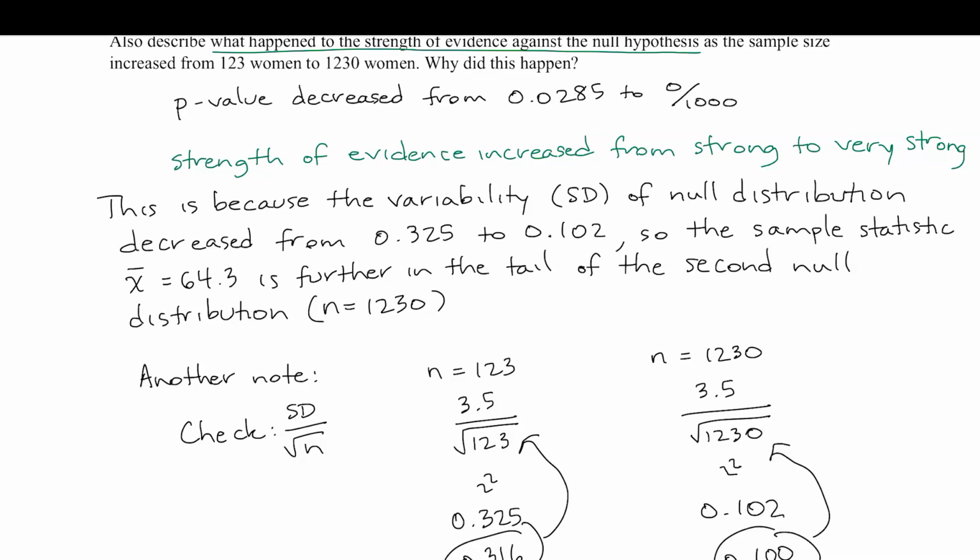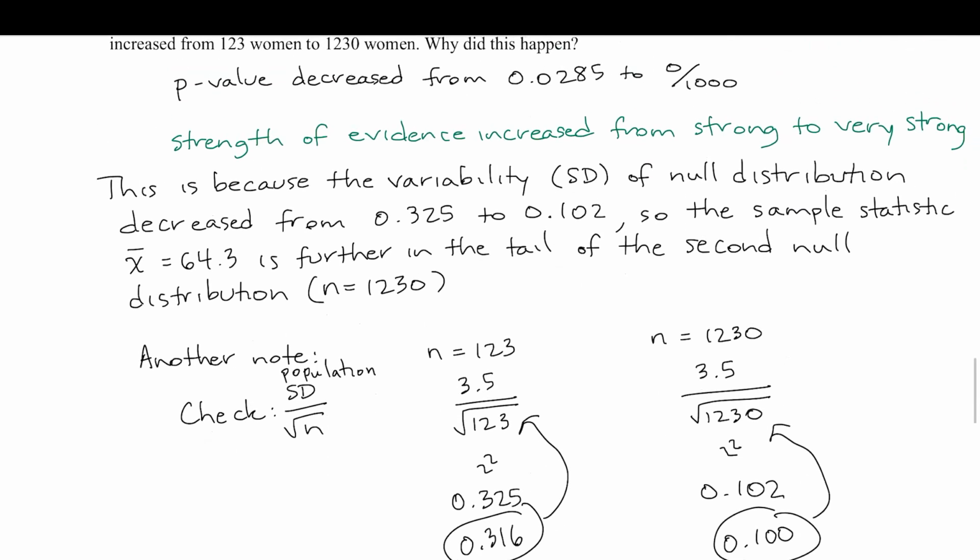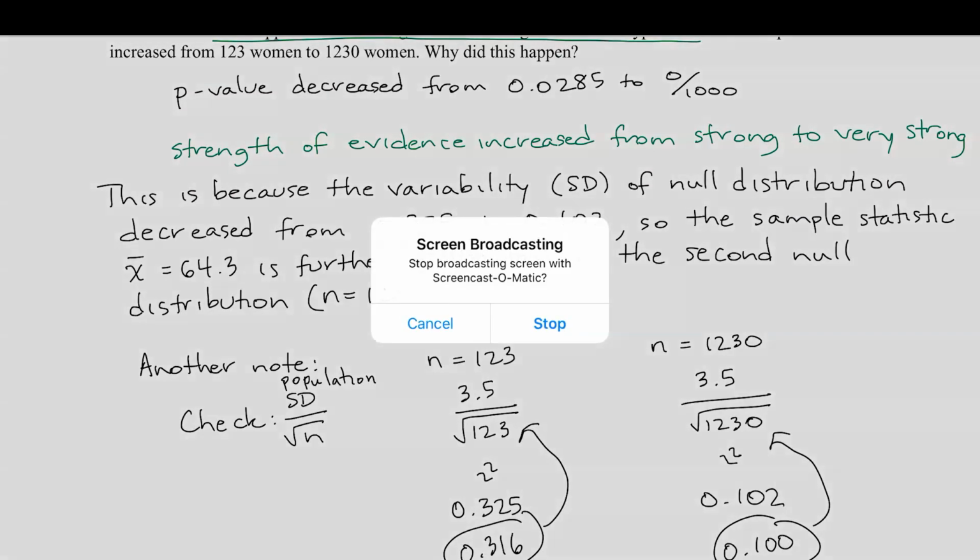So just pointing out to you, if we knew the standard deviation in the population, so let me just make a note, this is the population standard deviation, and divided that by the square root of the sample size, we get approximately the standard deviation of the null distribution.